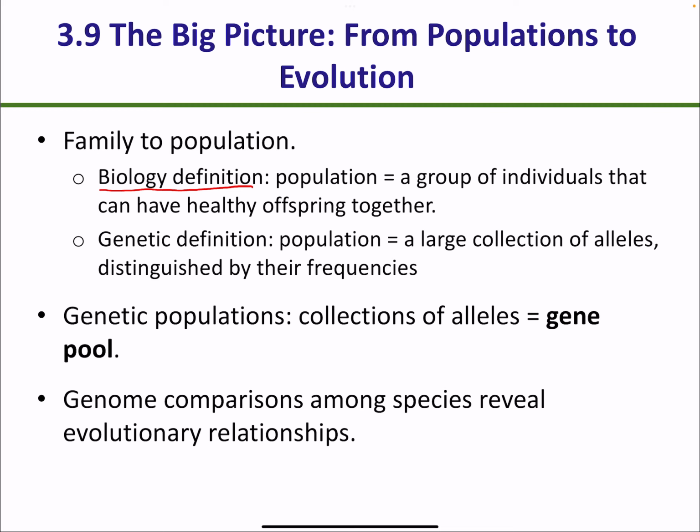That's the biological definition of population that does not imply the traits. When it comes to genetics, though, the genetic definition of a population is that a population is simply a large collection of alleles for a given gene, right? A large collection of alleles, okay? That population is going to have a very specific frequency of a particular allele in that population.